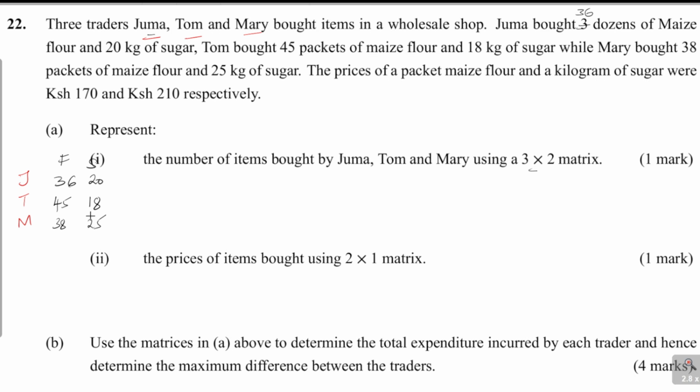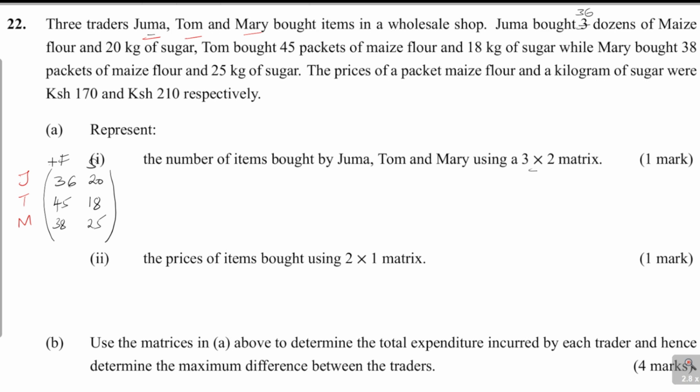Now you can see when you represent it like that, the rows are for each of these people. So you can now enclose that one to have the matrix that is required. Remember, you're not supposed to include these. The matrix is only supposed to be what I've included there.